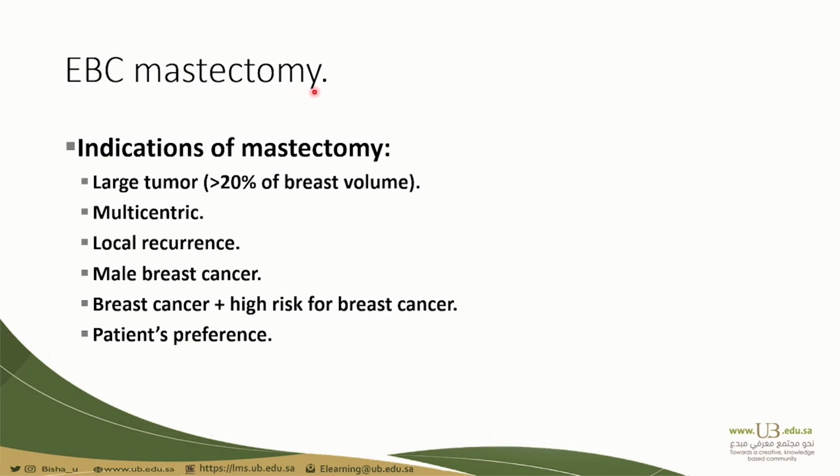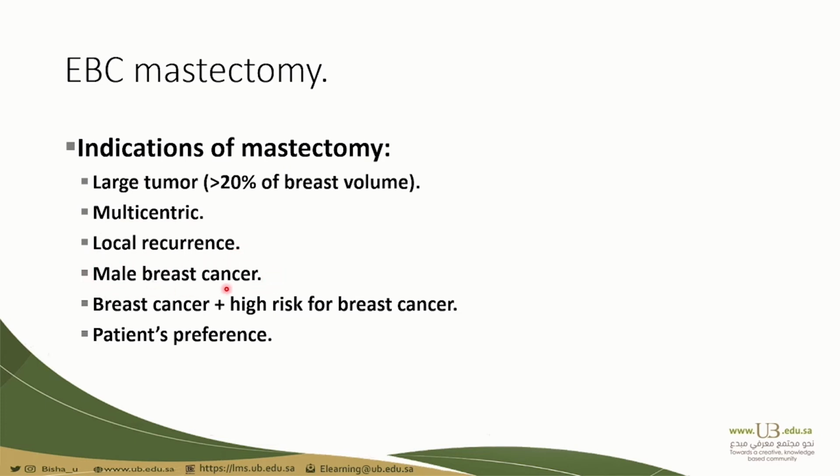Early breast cancer mastectomy. Indications of mastectomy: large tumor, more than 20% of the breast volume, multicentric disease, local recurrence, if the patient had a previous lumpectomy and radiation and comes back with recurrence, I have to do a mastectomy now.